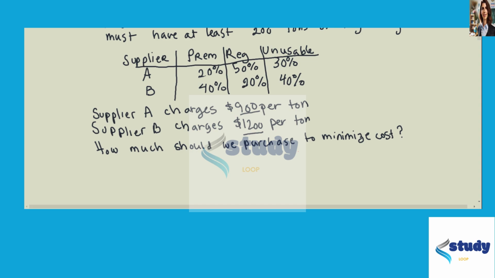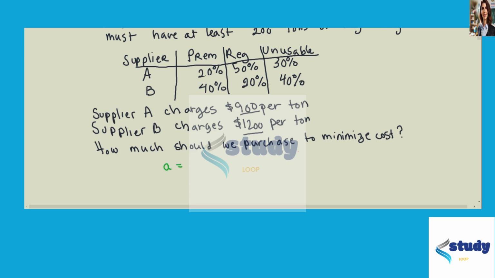Okay, so clearly we're going to minimize cost, but we've got to figure out what our variables are here. We need premium and regular grade, and we can buy them from supplier A and B. The easiest way is to look at what you're trying to minimize. We're trying to minimize cost, or buying some from A and from B. That's what the variables should be.